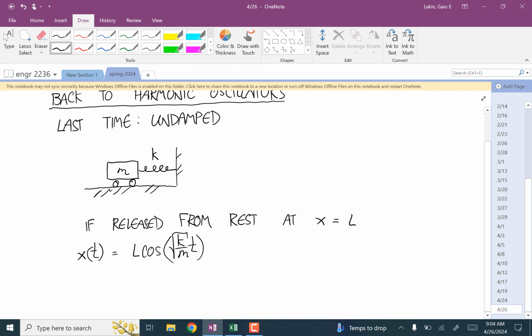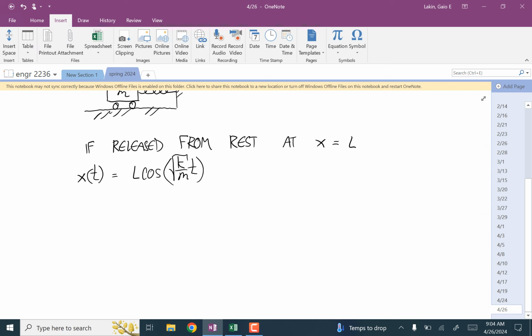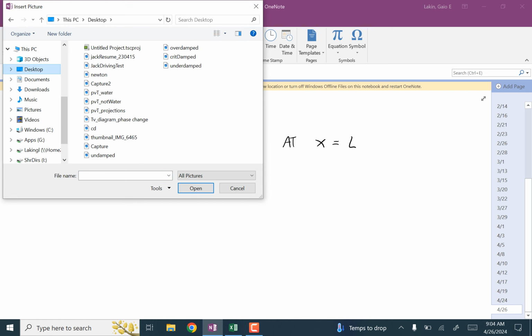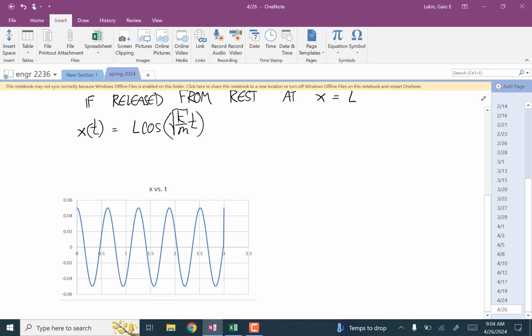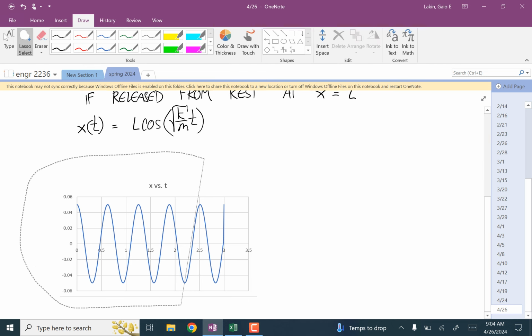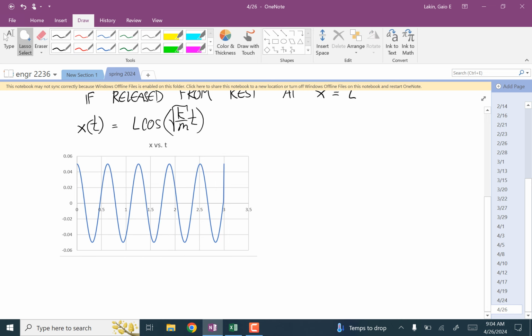Okay, so what this looks like is this is the undamped case. Okay, so we get something like that. Okay.